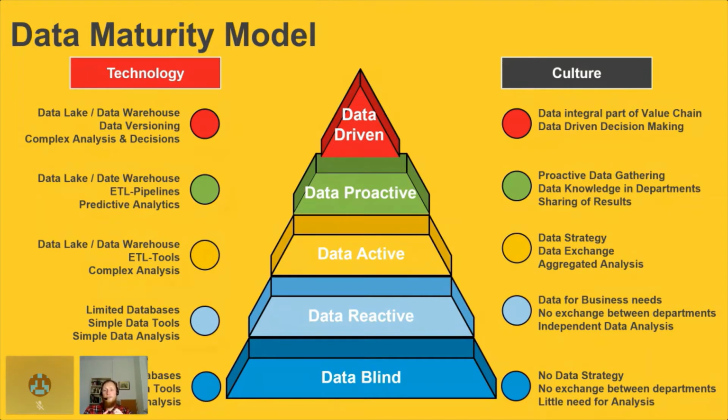This phase is described on a cultural level by having absolutely no data strategy. Of course, you have silo thinking, meaning that you have no exchange between the departments, and this is the reason for the lack of need for analysis. So you don't care about data. You just do your stuff, and you're very much blind to data.